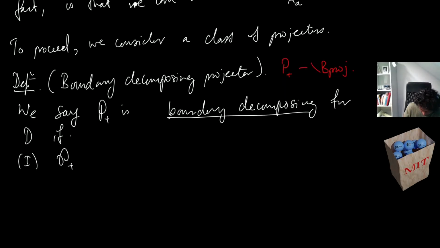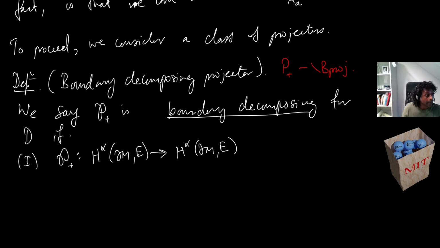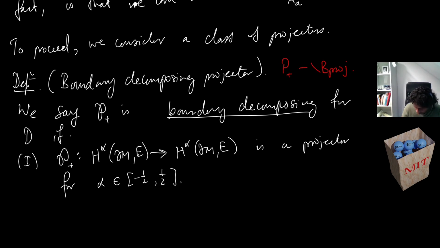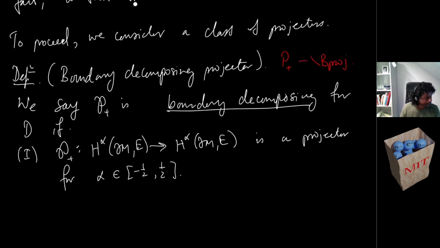So P plus maps H alpha on the boundary, is a projector, for alpha in the range -1/2 to +1/2.